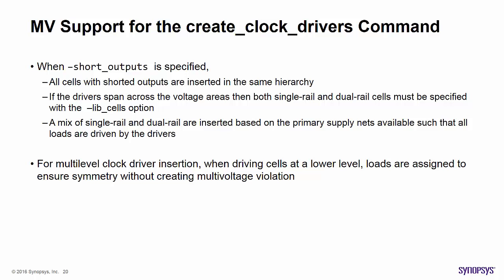Depending on the primary supply nets available, a mix of single and dual rail cells are inserted to ensure all loads are driven by the drivers. In case of multi-level clock driver insertion, cells drive loads at lower levels in symmetrical fashion without creating multi-voltage violations.